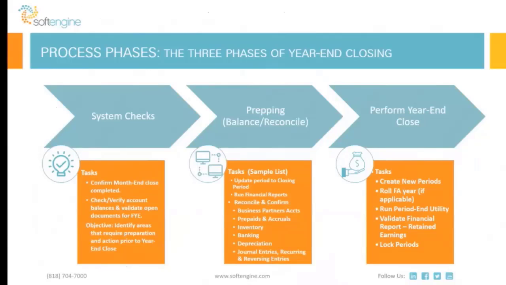Unique to your company's financial structure and fiduciary requirements, but in general it includes verifying and completing a standard month-end closing process, reviewing account balances and status of open items such as deposits, prepayments, accruals, collections, write-offs, document numbering, open bank statements, etc. The objective is to identify the areas or accounts that will require additional preparation or reconciliation related to your year-end requirements.